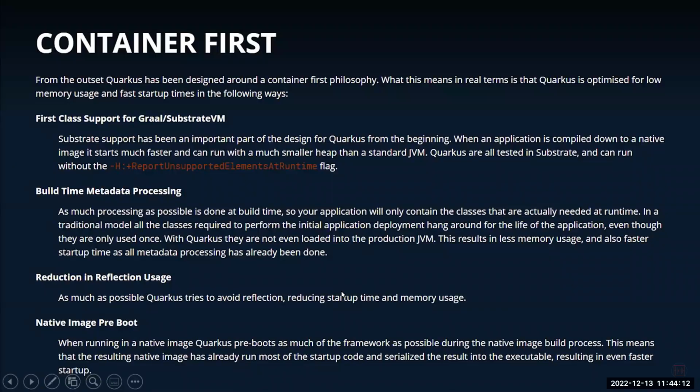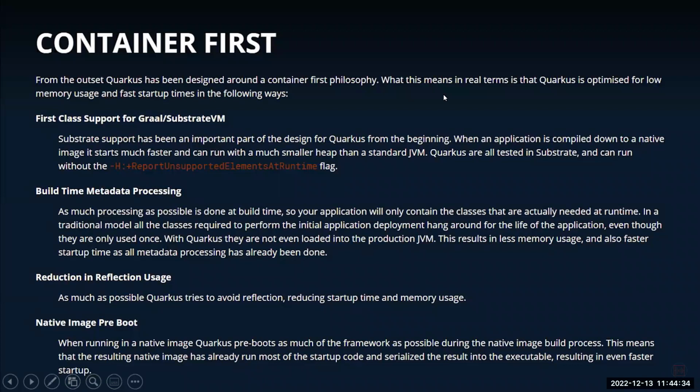Yeah, these are pretty heavy slides where a lot of theory has been written, but I'll quickly summarize what they mean. So in the beginning, I defined Quarkus as a container-first, cloud-native application framework. Since the beginning, Quarkus has been designed around a container-first philosophy.